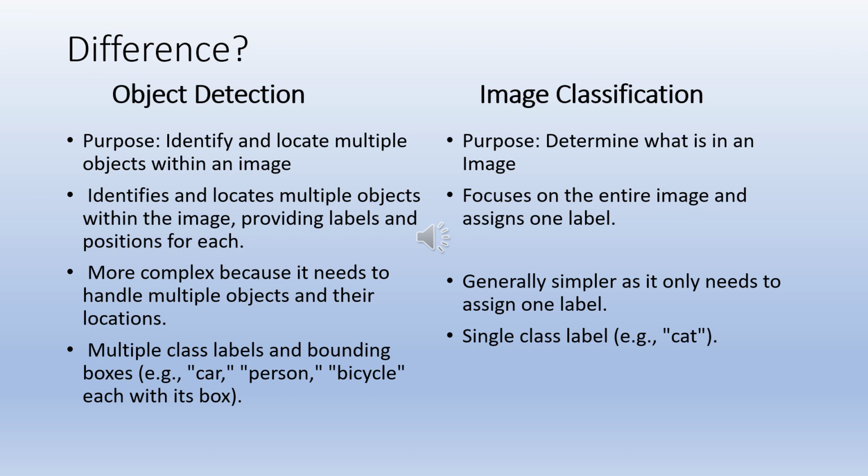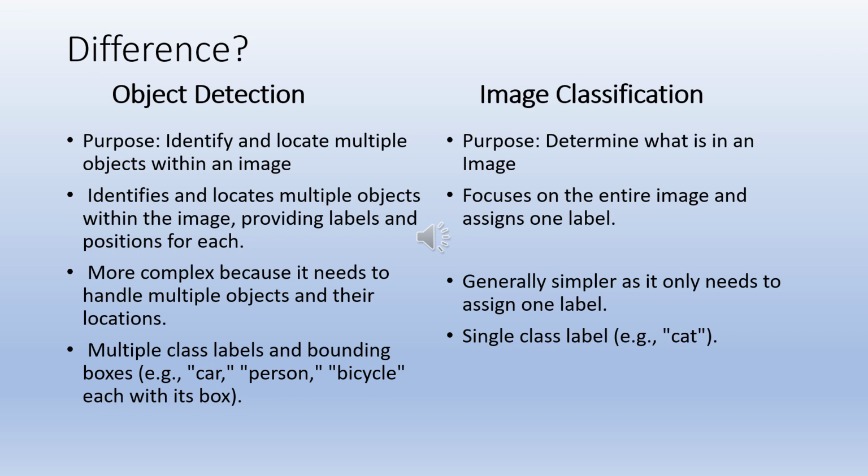In object detection, it identifies and locates multiple objects within the image, providing labels and positions for each. Classification focuses on the entire image and assigns one label. Object detection is more complex because it needs to handle multiple objects and their locations, while classification is generally simple because it only needs to assign one label. Object detection gives multiple class labels and bounding boxes, like car, person, bicycle, each with a box. Classification gives a single class label, like cat.